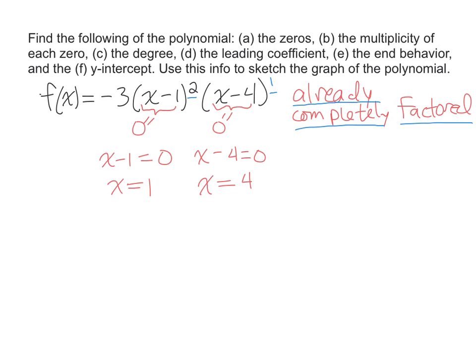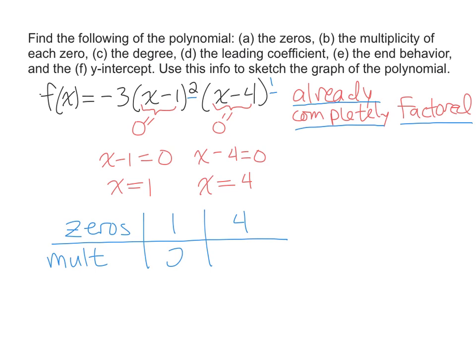That is how we find the multiplicity. So to write it out, we have zeros 1 and 4, and the multiplicity of each zero is 2 and 1.